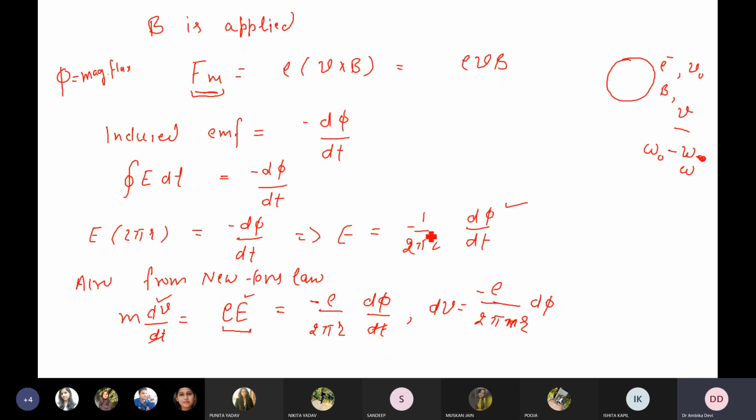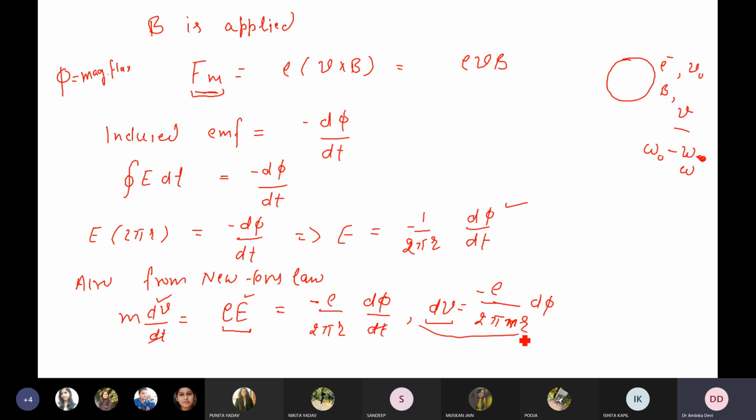Therefore E is equal to minus 1 upon 2 pi r d phi upon dt. Then we also know from Newton's law that m dv upon dt is equal to eE. So by putting in the values, you calculated the change in the velocity, which is equal to minus e upon 2 pi m r d phi, right?